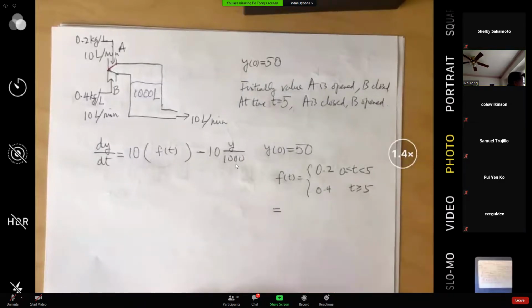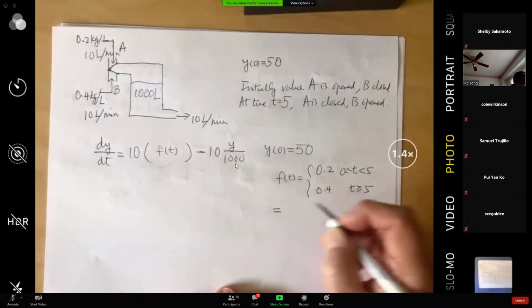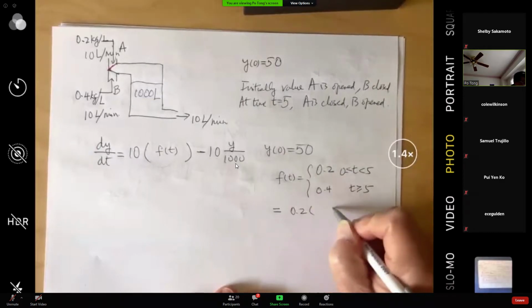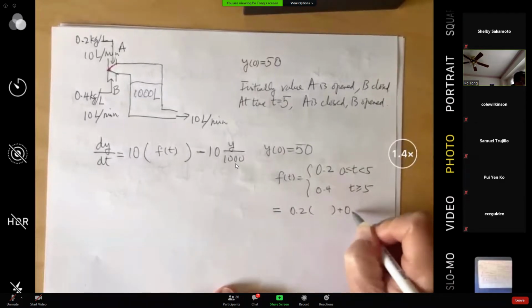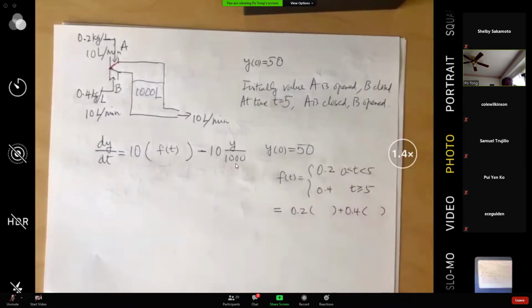So you want this guy to be equal to 0.2 times some function plus 0.4 times some other function.